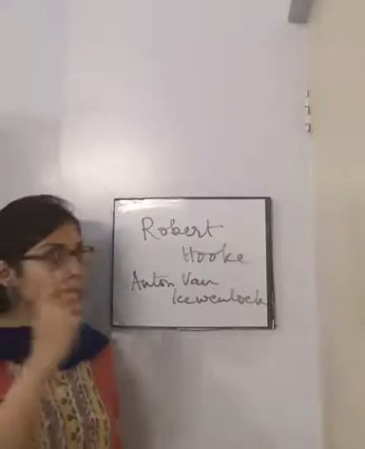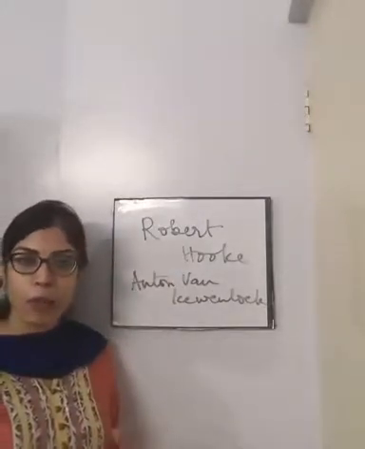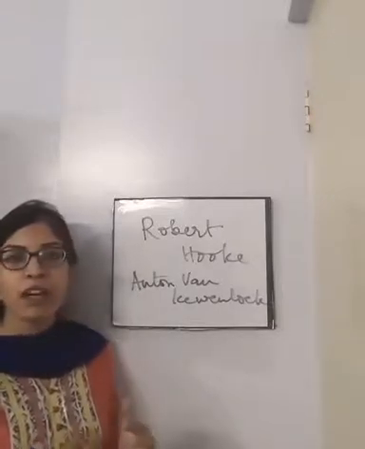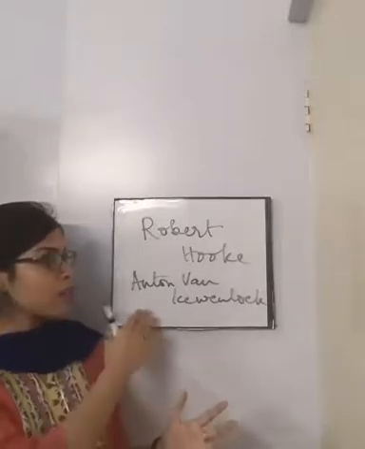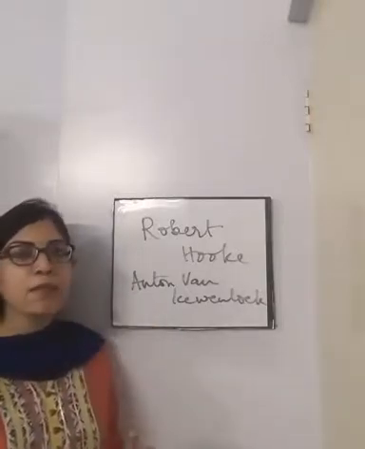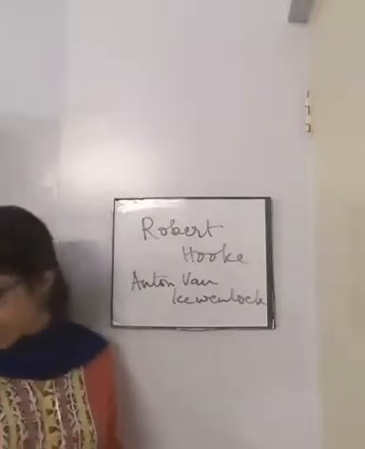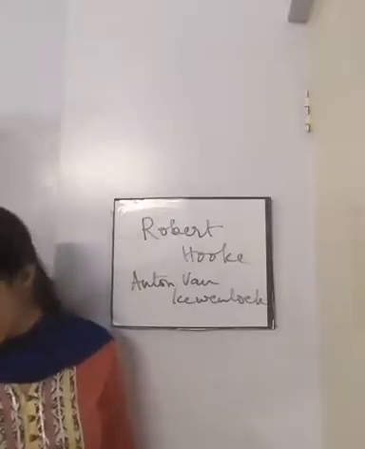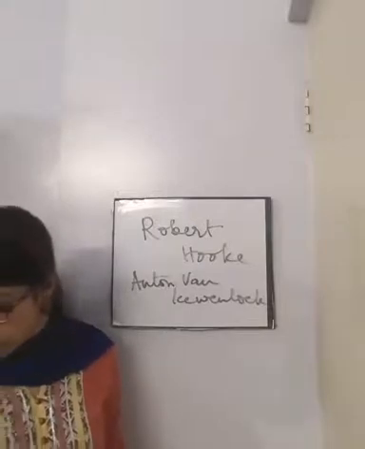Previously Robert Hooke made a compound microscope on his own and for the first time viewed a piece of cork. Next, Anton van Leeuwenhoek constructed a simple microscope on his own and observed bacteria, protozoa, sperm, blood cells, etc. This is another important discovery.